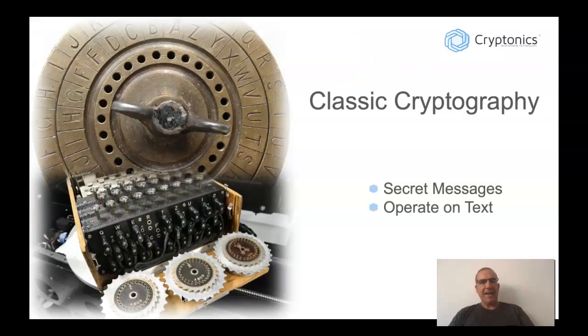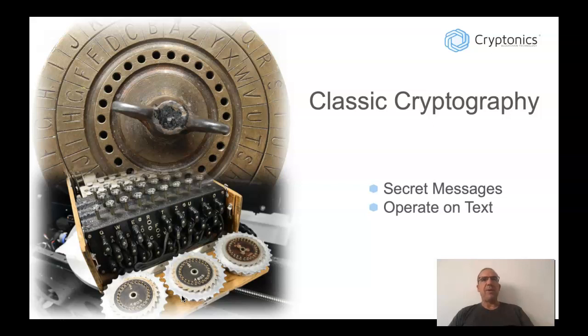So classic cryptography is what most people think about when they hear cryptography. You can see here this Enigma machine and this cipher disk. These were classic devices focused on keeping secrets.